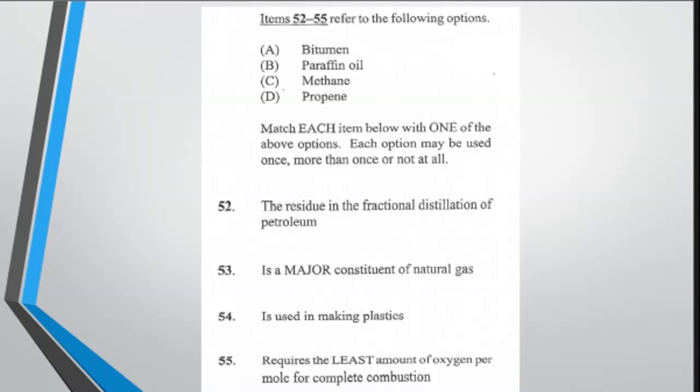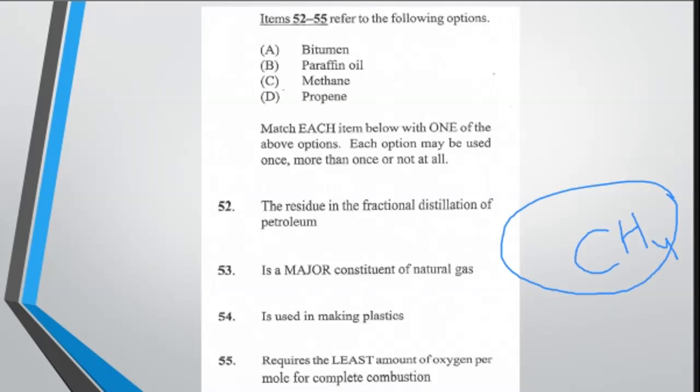53. It is a major constituent of natural gas. The major constituent of natural gas is methane, CH4.